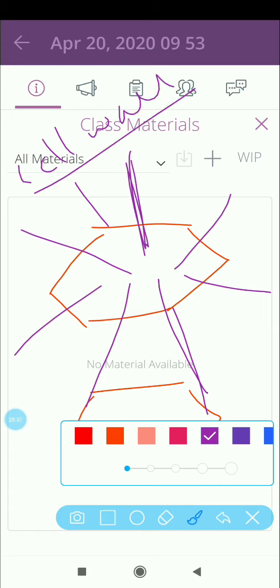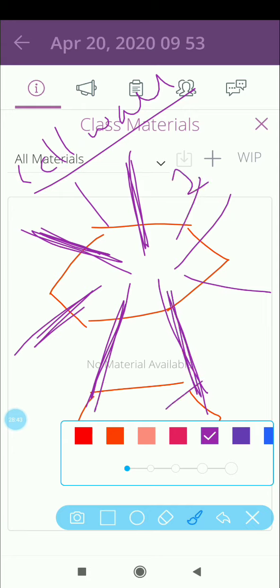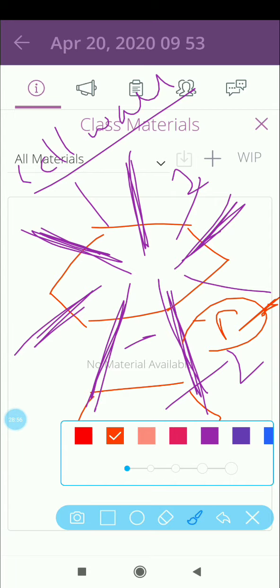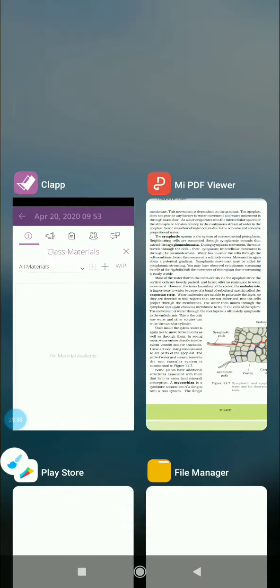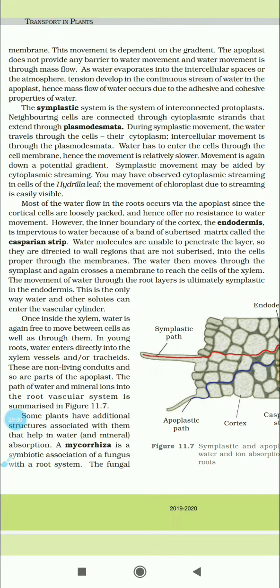The cytoplasmic strands, the blue colored part, I am again highlighting them. You can see the contact between the first cell and the second cell through the cytoplasmic strands, and these strands are what we call plasmodesmata. So plasmodesmata is a connection of cytoplasmic strands between two plant cells.